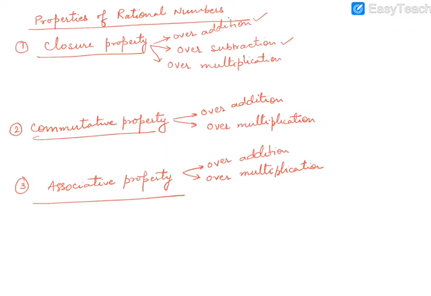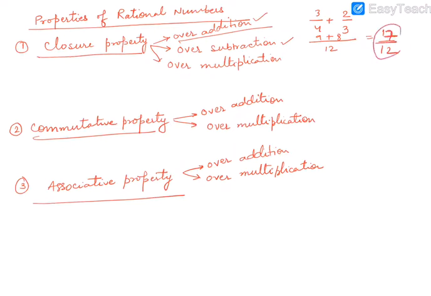I'll give you an example of how it works over addition. When we add 2 or more rational numbers, take 3 upon 4 plus 2 upon 3. So how to add? What will be the LCM? 12. So 12 divided by 4 is 3, 3 times 3 is 9. And 12 divided by 3 is 4, 4 times 2 is 8. 17 upon 12.